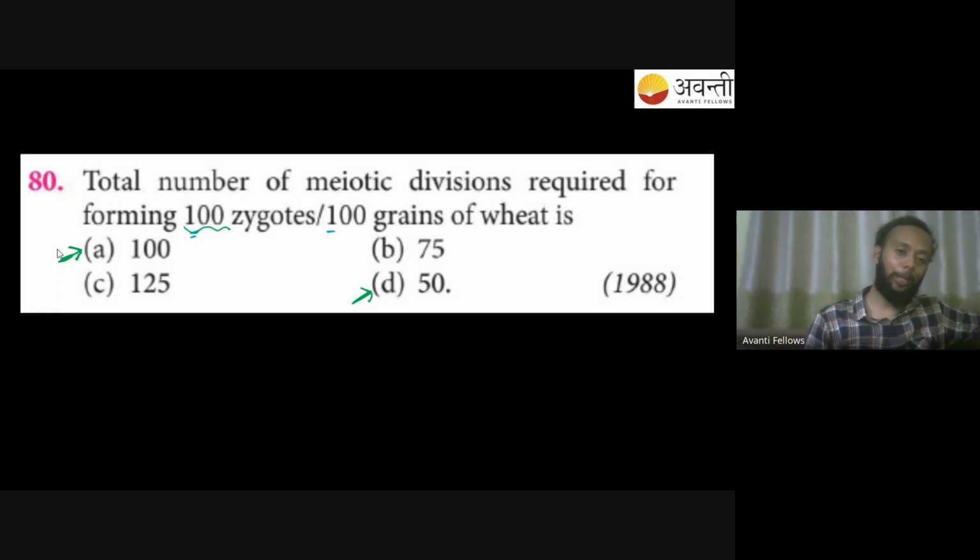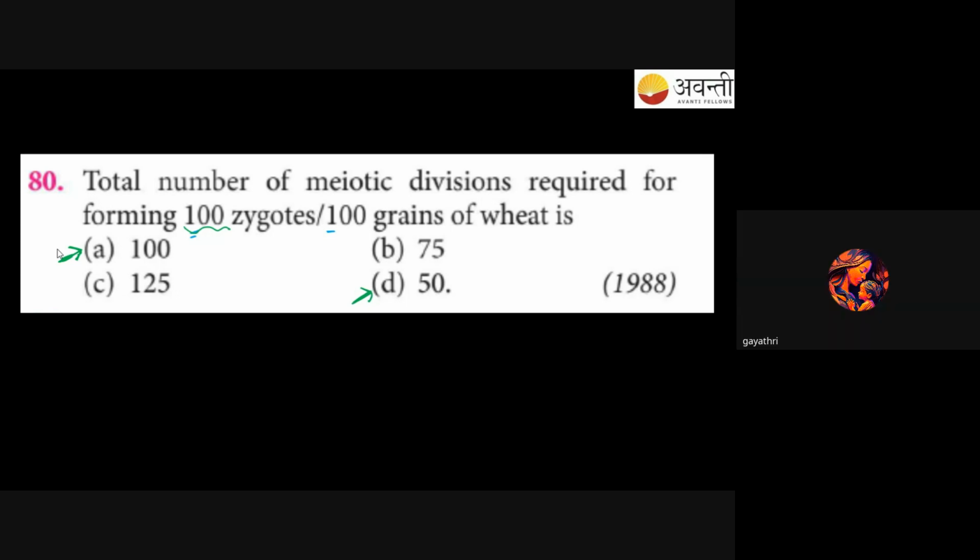Misbah, you have to do it again. Misbah, do it, आराम से करो उसे, so you'll get the answer. Gayatri, what is happening? Trying? Yes, sir. Okay.